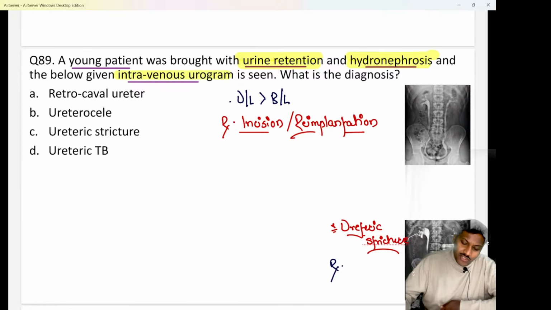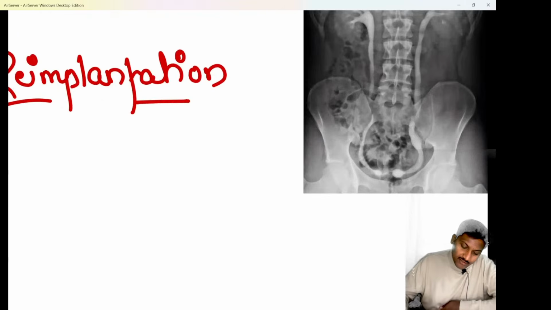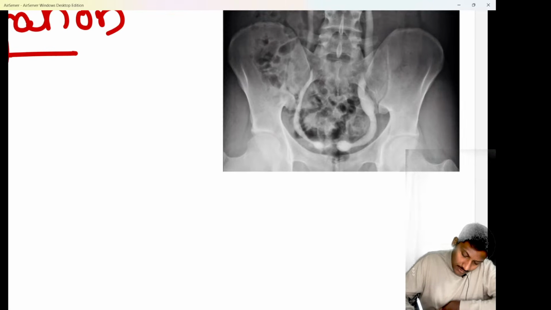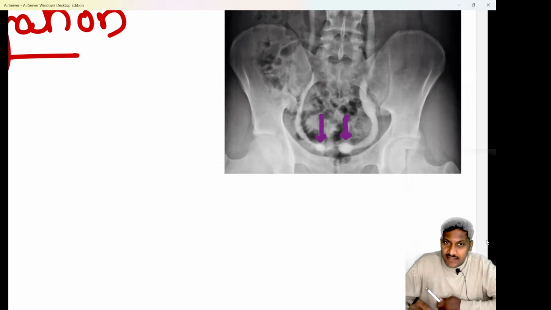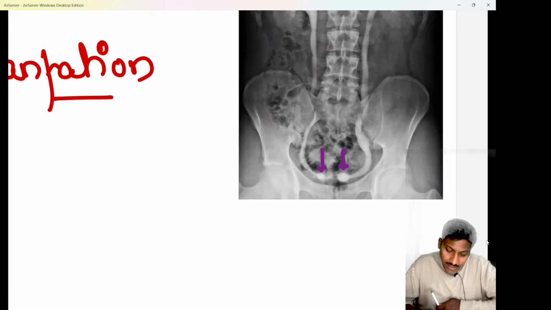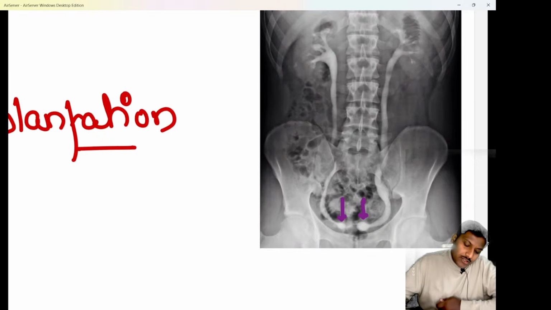On that IVU you can see a very classical appearance. The ureteric opening or orifice is narrow, and therefore the ureter is not able to drain the urine, which is the reason for the urine retention and hydronephrosis.